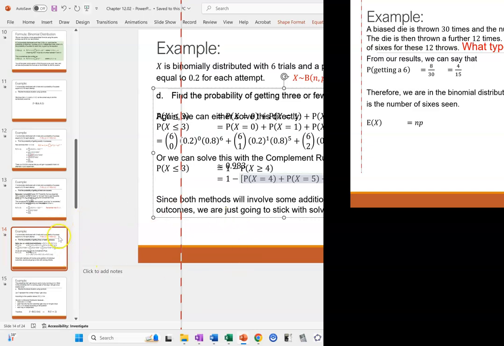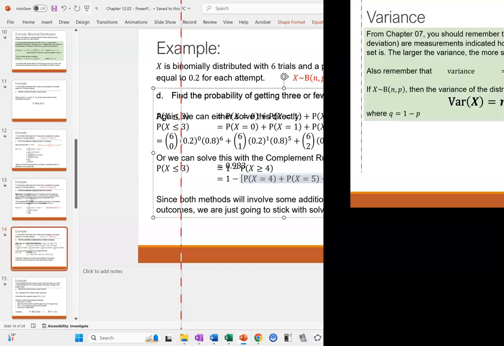So the expectation, the expected number of 6s for those 12 throws is going to be 12, the number of throws, times the probability of success, 4 out of 15. So I'd expect to see 3.2 6s in those next 12 throws. Does that feel okay?